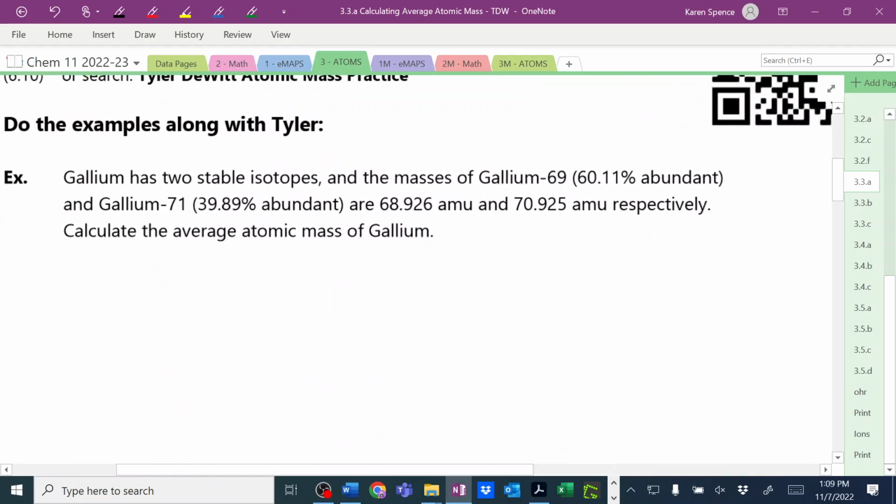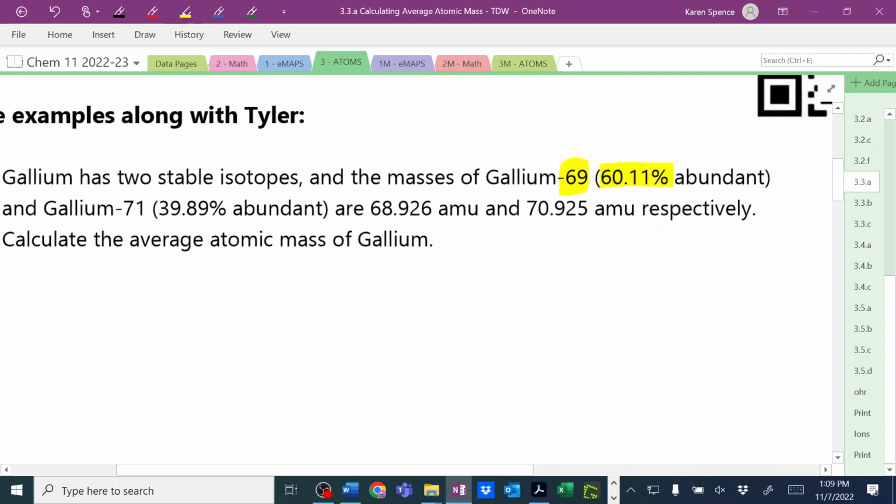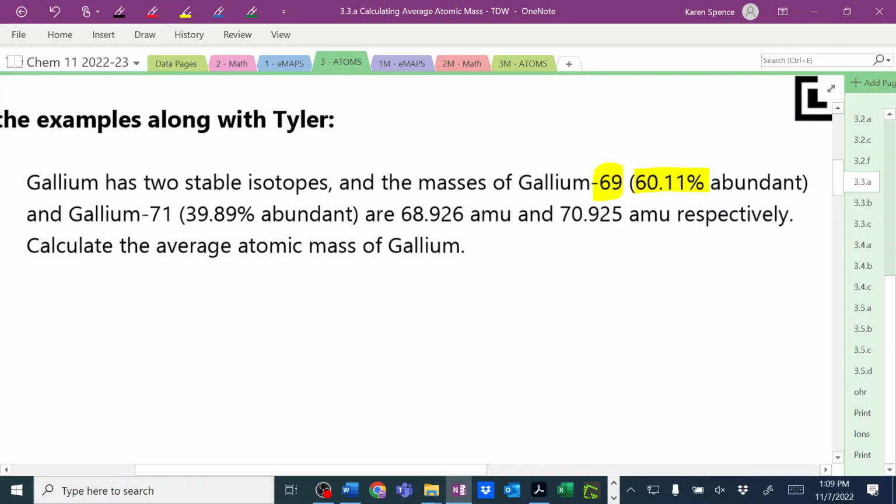We have gallium. Gallium has two stable isotopes. We have gallium-69, which is at 60.11%. The word abundant just means how much there is, okay?